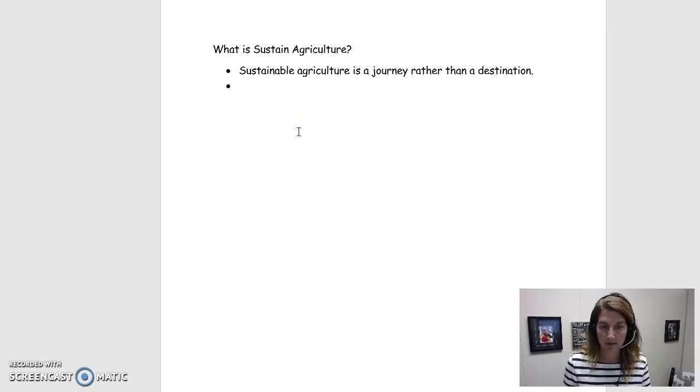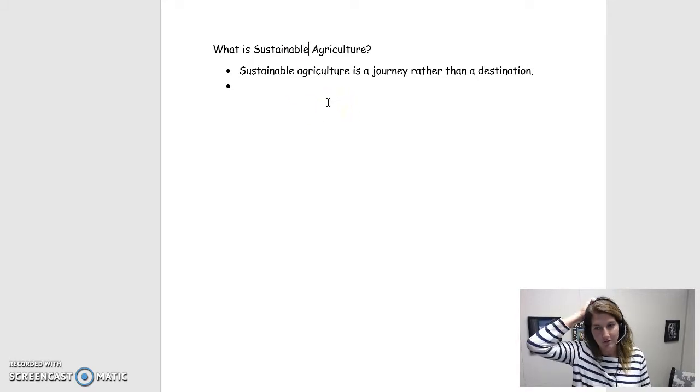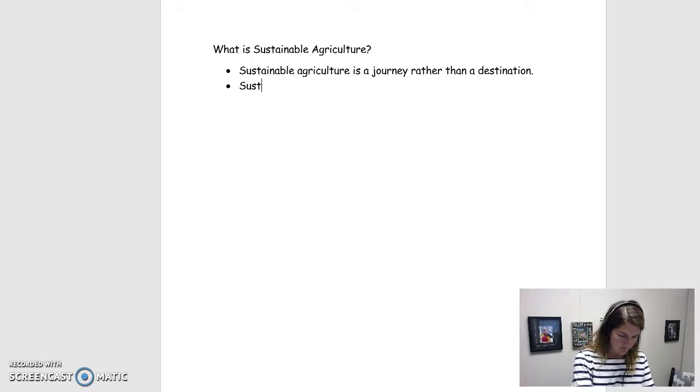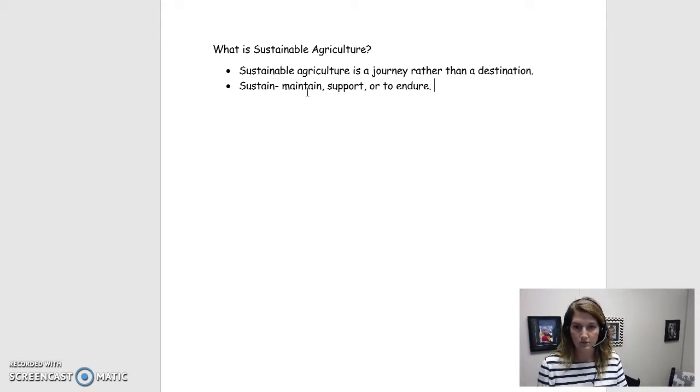If you will notice in the actual word sustainable, excuse me, sustainable agriculture, the root word is sustain. And sustain by definition means to maintain or to endure.